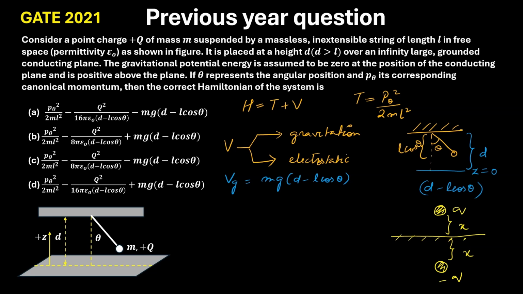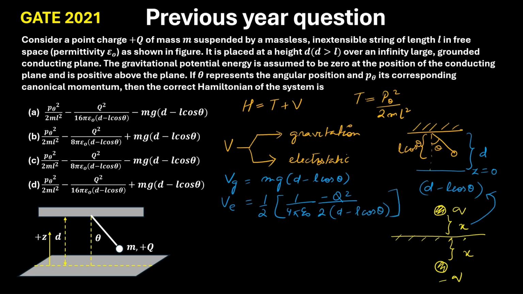In our case, x is equal to this, because that is the distance above the z equals 0 plane. So the potential energy V due to electrostatic will be half of 1 by 4 pi epsilon naught, minus q squared, into twice of (D minus L cos theta).